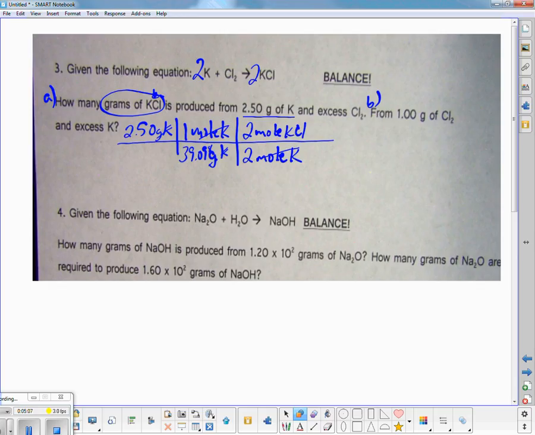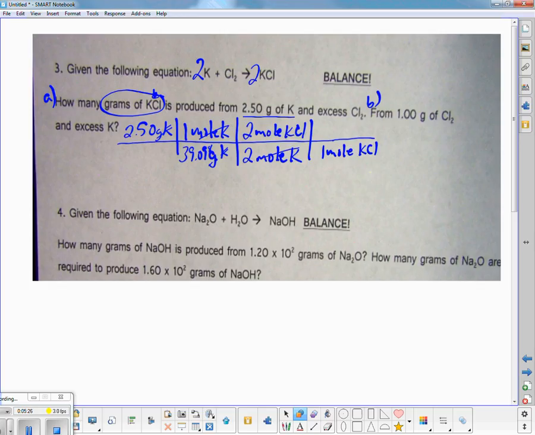Now, we need to go from moles of KCl to grams again. So I'm going to put 1 mole of KCl on the bottom. And this is where I'm going to have to grab my calculator and add up a potassium plus a chlorine. Potassium is that 39.098, and the chlorine is 35.453.